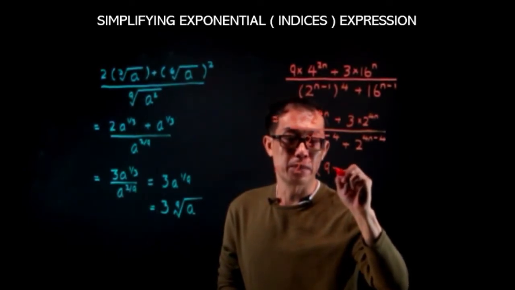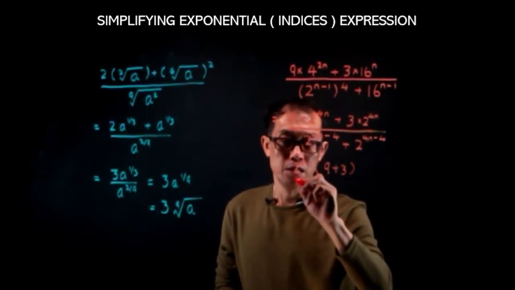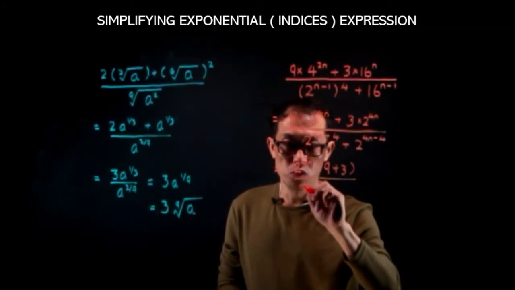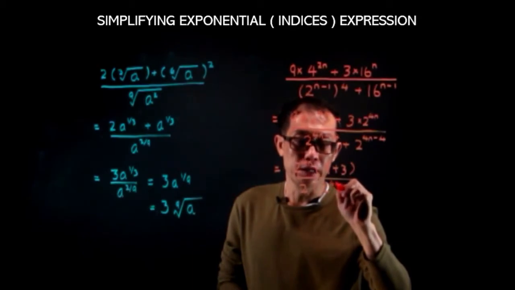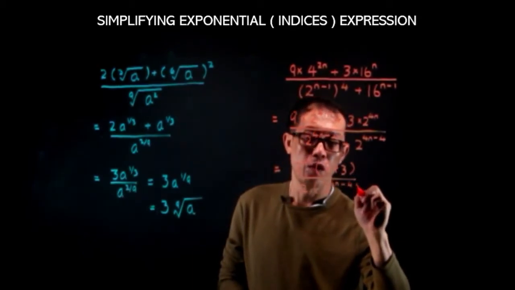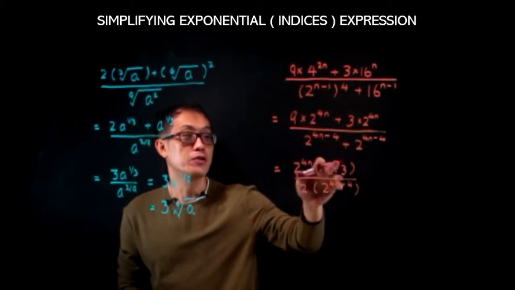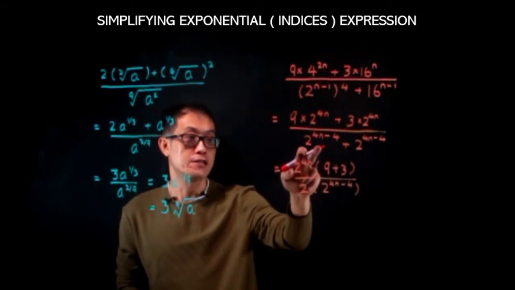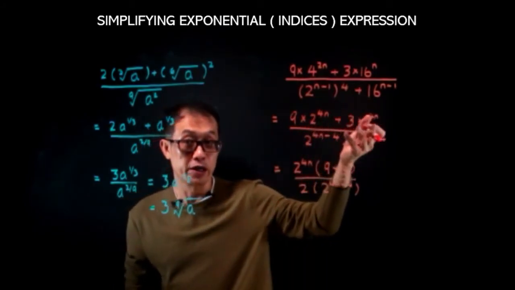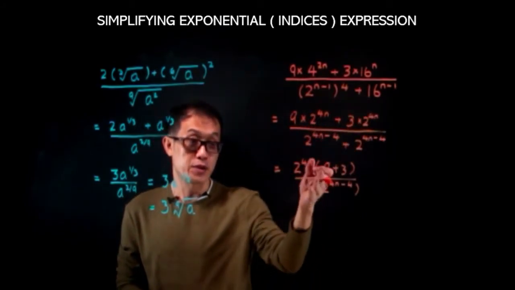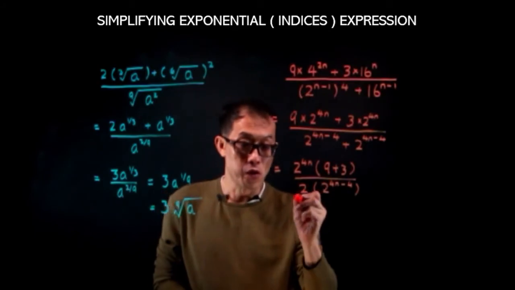So you got 9 plus 3 over here. Now actually before I factorize out, I can see that 2 to the power of 4n is already common in the numerator as well as the denominator. That's why I factorize out, okay?